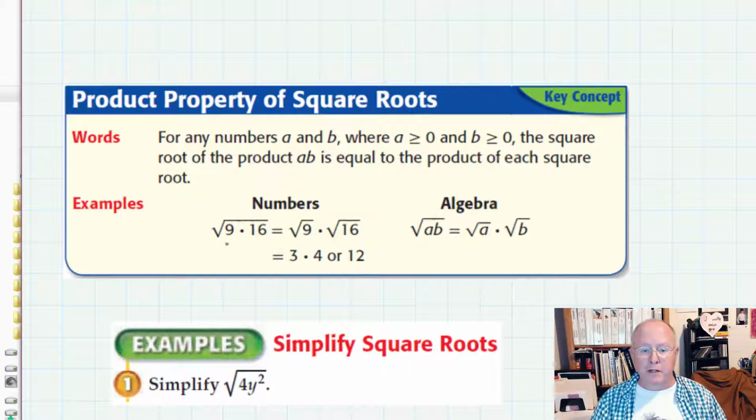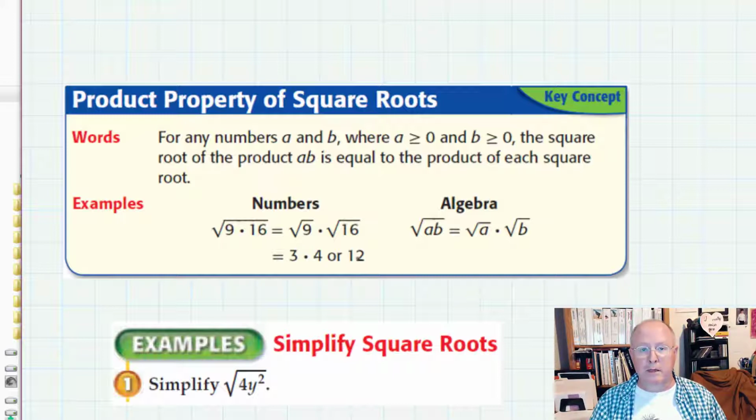Their example here is 9 and 16. They break it apart, like you can do under a radical sign, into the square root of 9 times the square root of 16. The square root of 9 is 3, the square root of 16 is 4. 3 times 4 is 12.